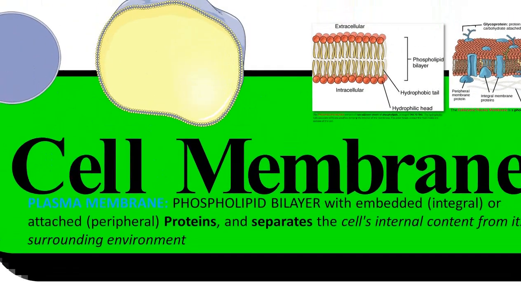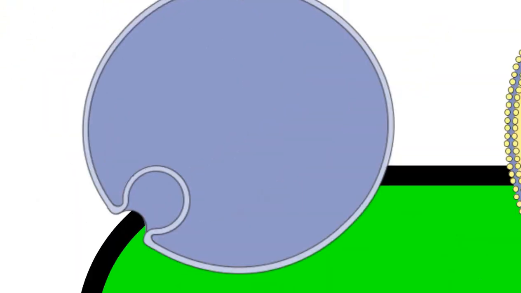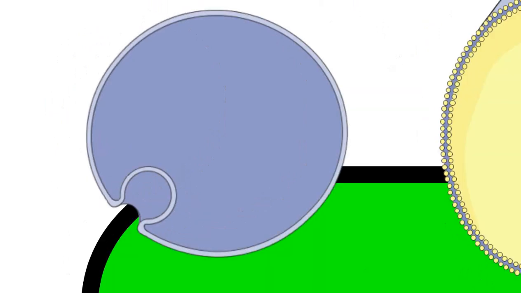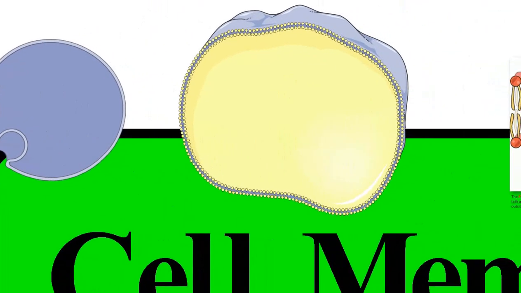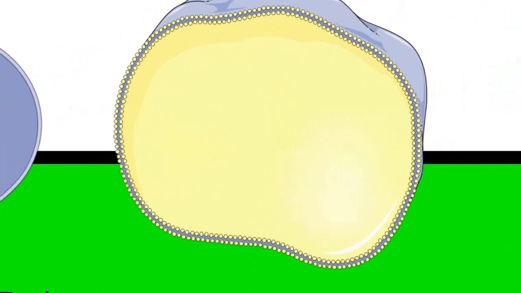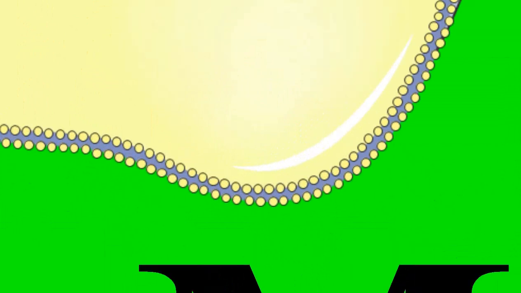Here you can see that this is the delimiting layer, that means it forms the boundaries of the cell. This is the plasma membrane, otherwise known as the cell membrane, that forms the boundaries of the cell. And this is the lipid bilayer.